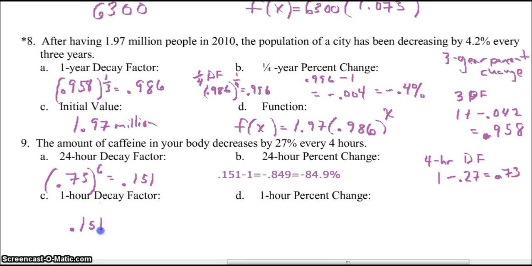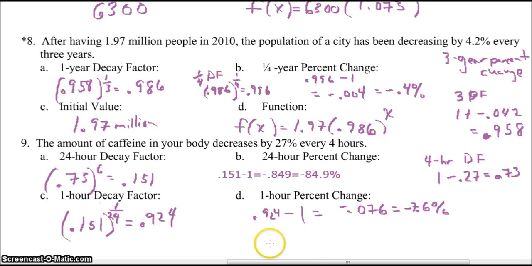So the 1-hour decay factor, since there's 24 hours in 24 hours, will be 0.151 to the 1 over 24, which is 0.924. Then the 1-hour percent change will simply be 0.924 minus 1, which is negative 0.076 or negative 7.6%. So we have a 7.6% decrease in the amount of caffeine every hour.